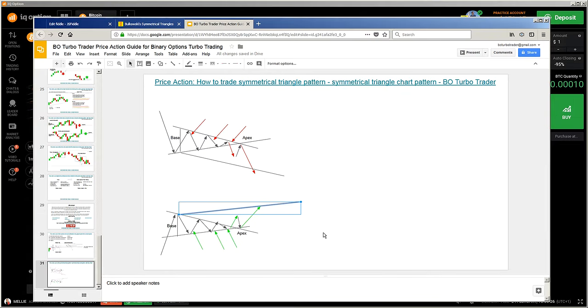But for binary option, you get here the continuation puts, but you still always have to keep in mind the things which I have explained in the ebook, which you can get in the description.